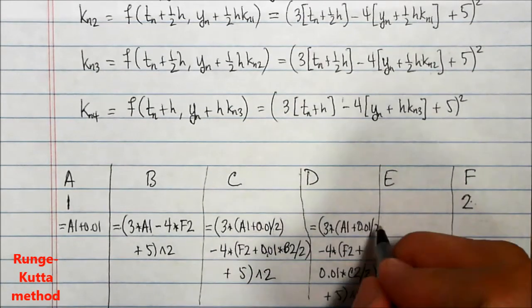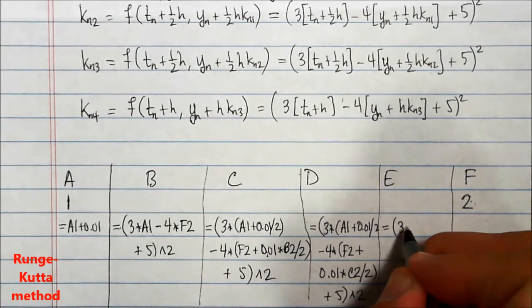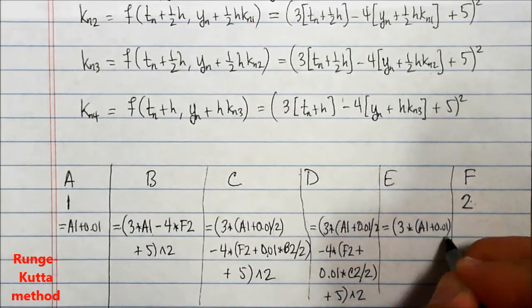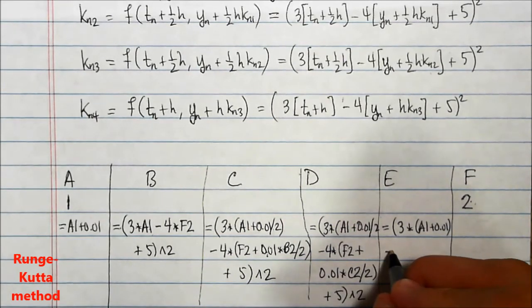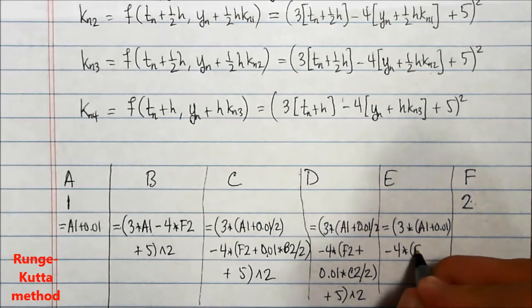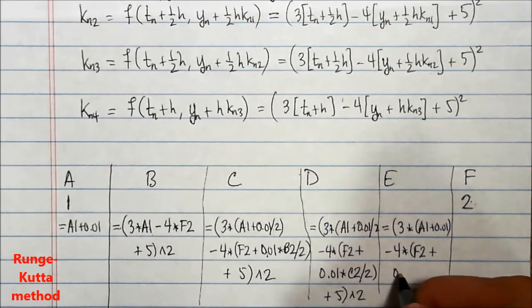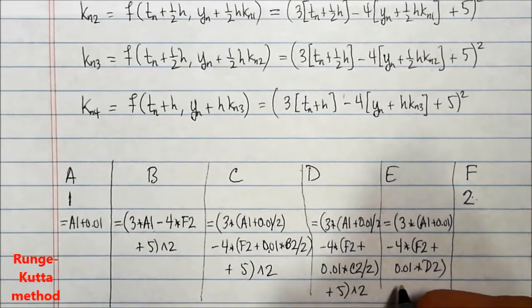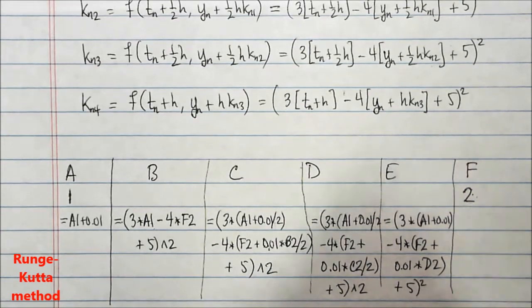Okay, column E will be equal to 3 times A1 plus 0.01, minus 4 times F2 plus 0.01 times D2, the thing we just got over here, plus 5 squared.